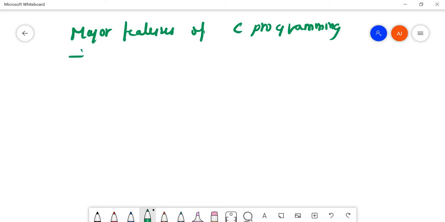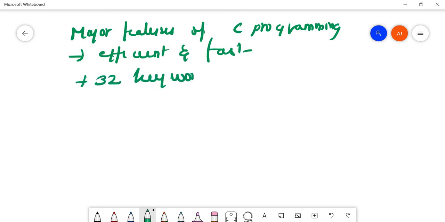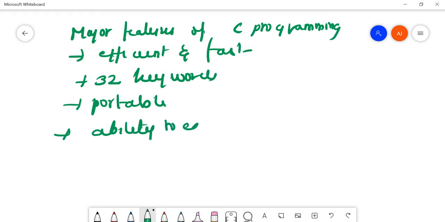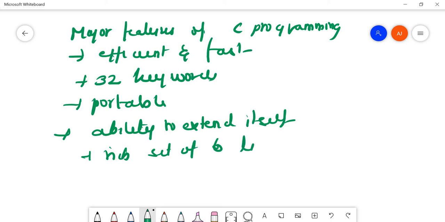The major features are: C programming is efficient and fast, it has 32 keywords, it is portable, it has the ability to extend itself, and it has a rich set of libraries. So these are some of the major features of C programming.